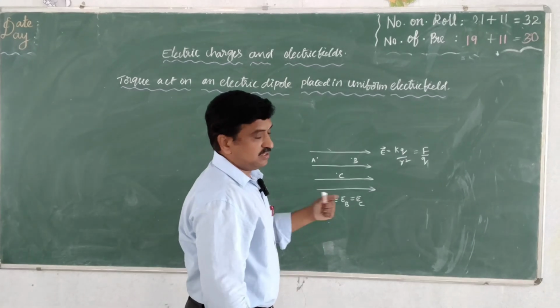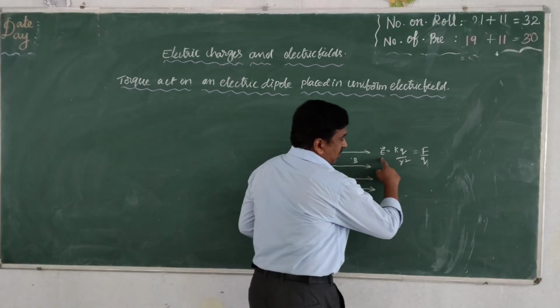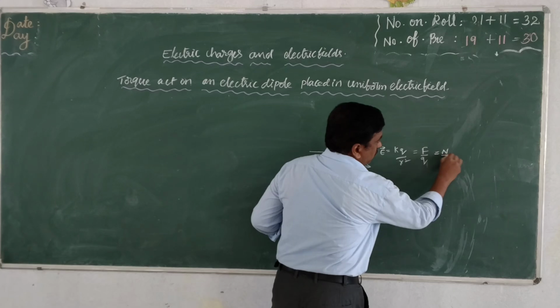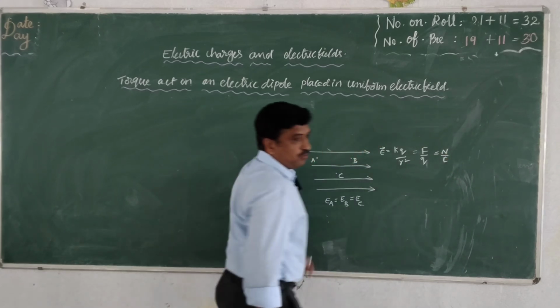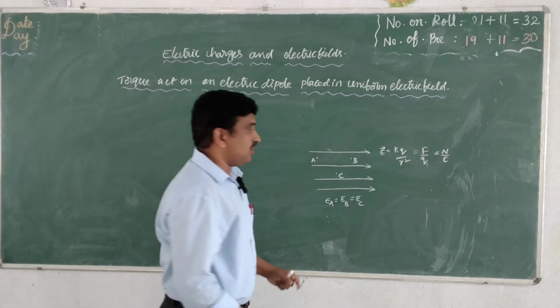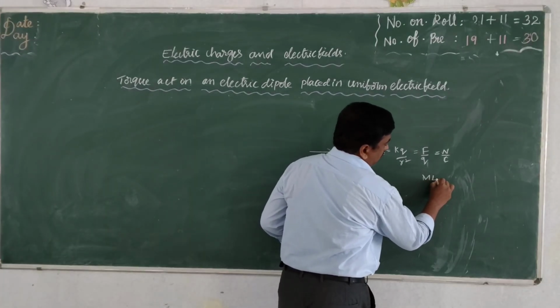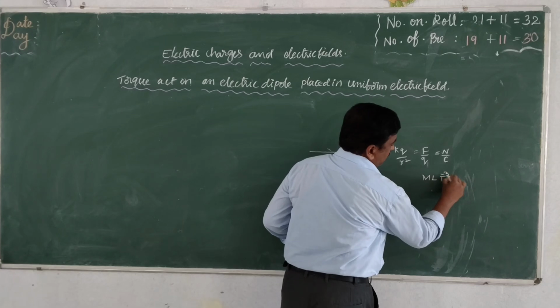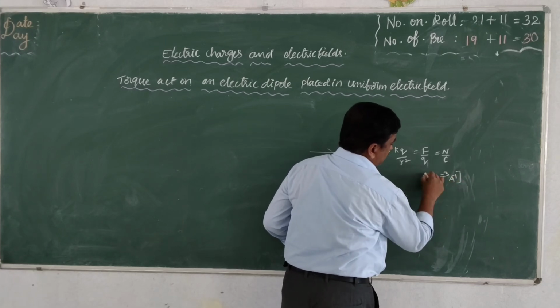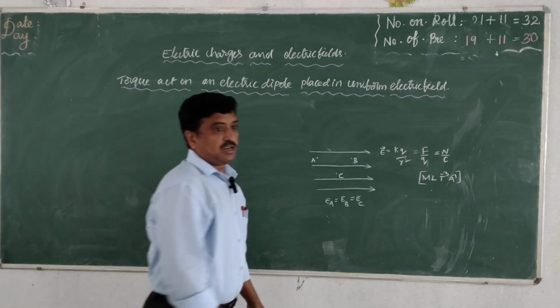What is the unit? Newton per coulomb is the unit of electric field. Its dimensional formula is M L T power minus 3 A power minus 1.